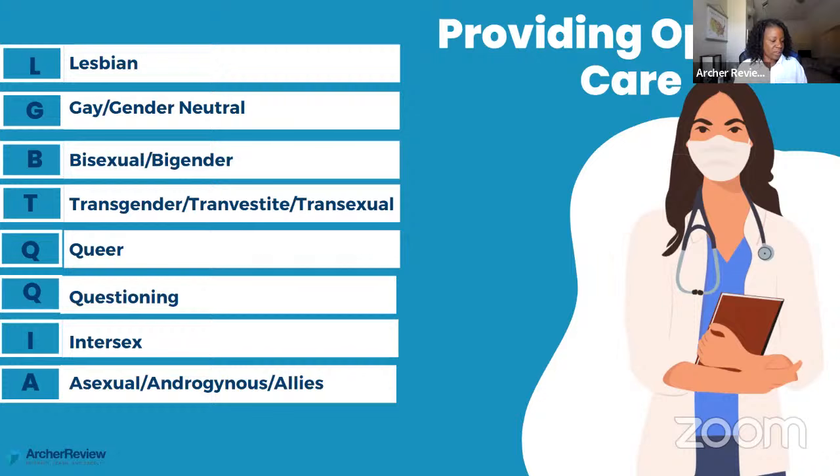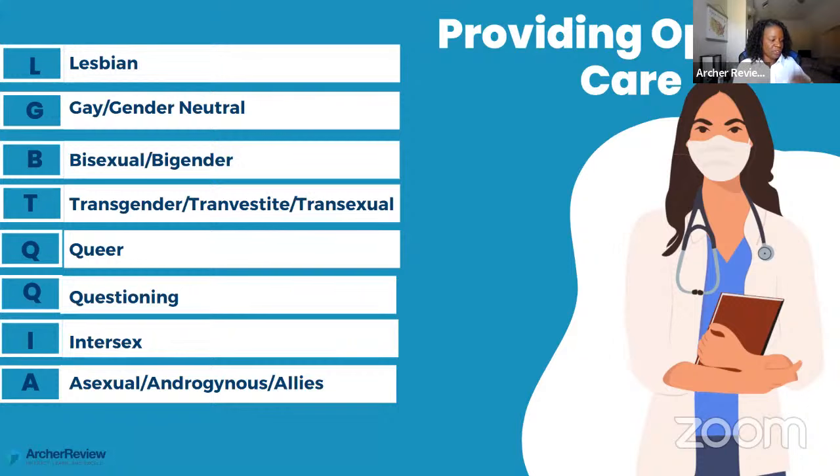However, due to its history as a derogatory term, the word is not always embraced or used by the LGBT community. Questioning describes an individual who is unsure about or is exploring their own sexual orientation and or gender identity.